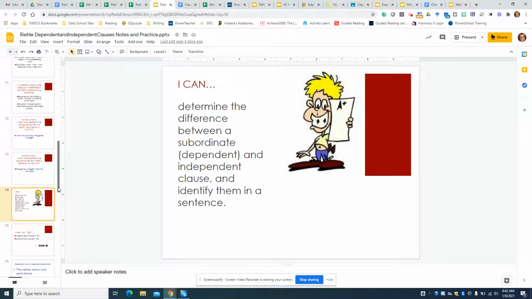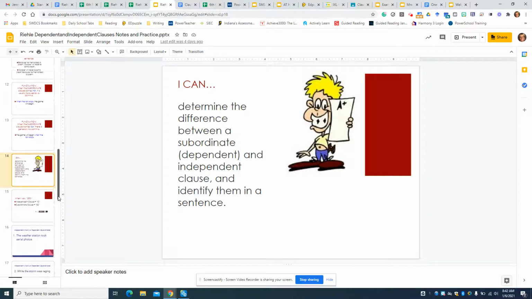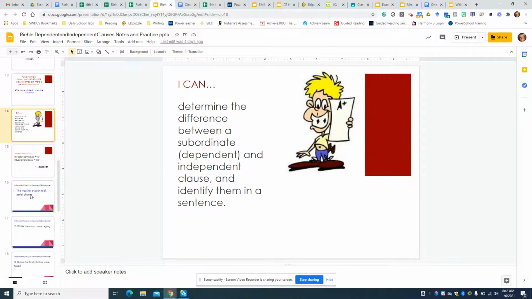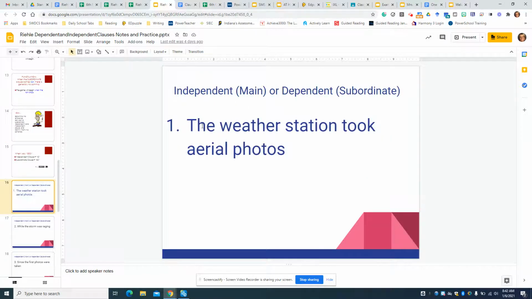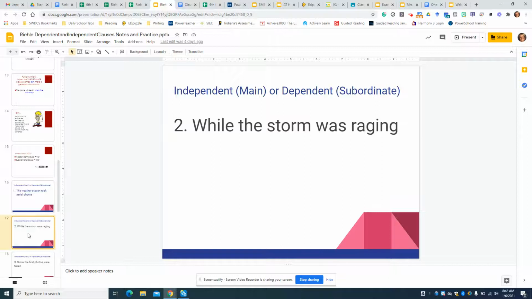We are hoping that you are getting closer to identifying the difference between independent and subordinate, and we'll go through a couple examples. Identify if this group of words is an independent clause or a subordinate clause. The weather station took aerial photos. While the storm was raging.